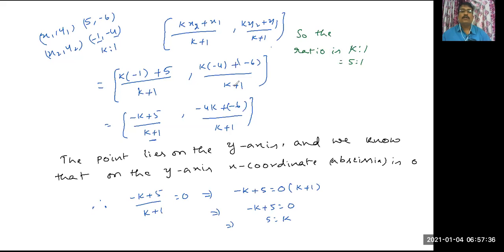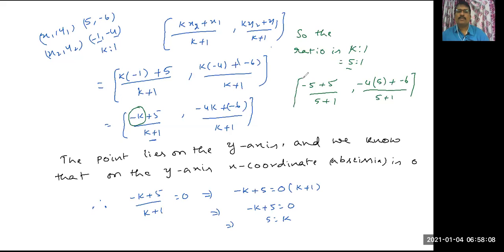So when we put the value of k as 5 we get the answer. So instead of k we put 5: minus 5 plus 5 by 5 plus 1, minus 4 into 5 plus minus 6 by 5 plus 1.